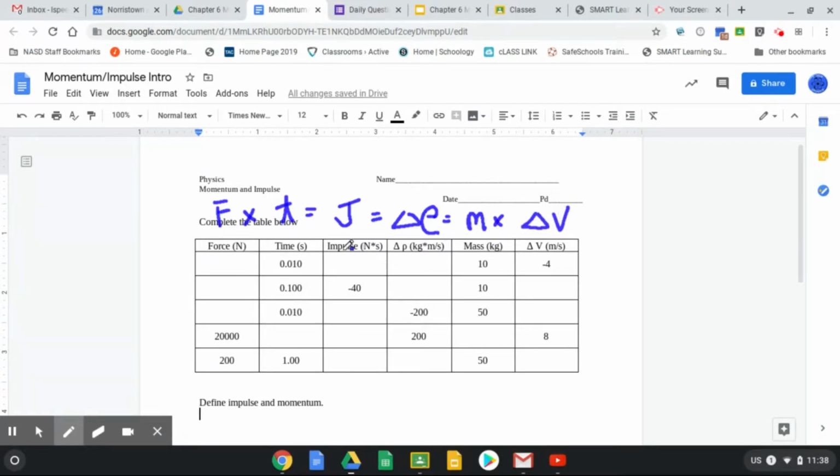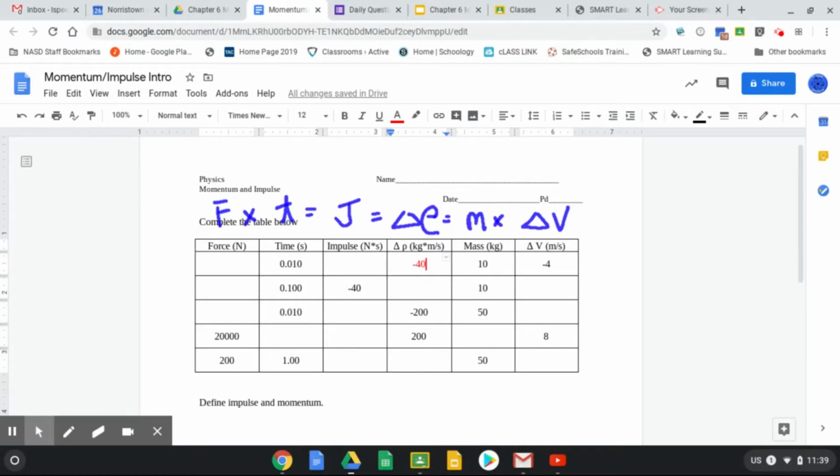So the way this whole chart works is you're given something in here where you can figure out one piece of this, which makes it all the same. So here I've got a mass of 10 with a change in velocity of negative 4. So I'm multiplying those two together. That's going to give me a change in momentum of negative 40 kilogram meters per second.